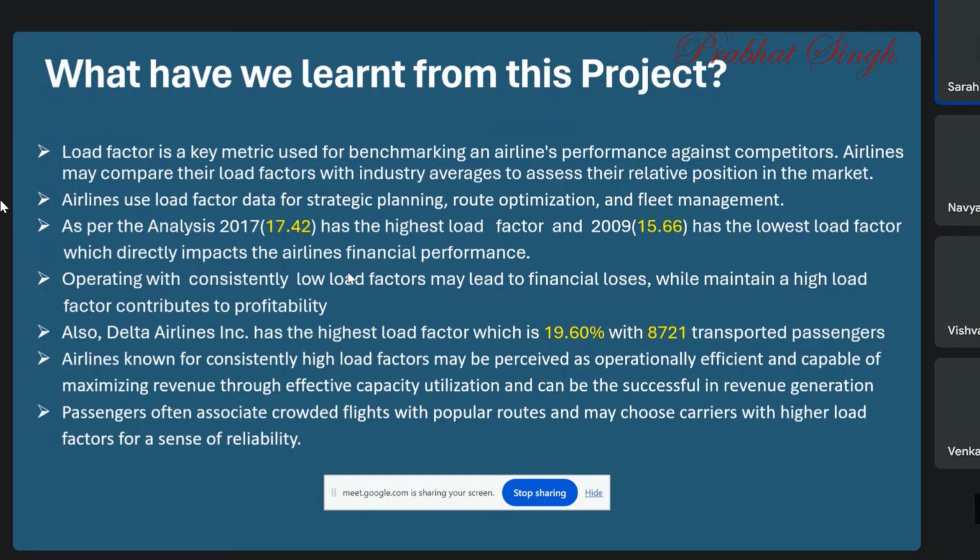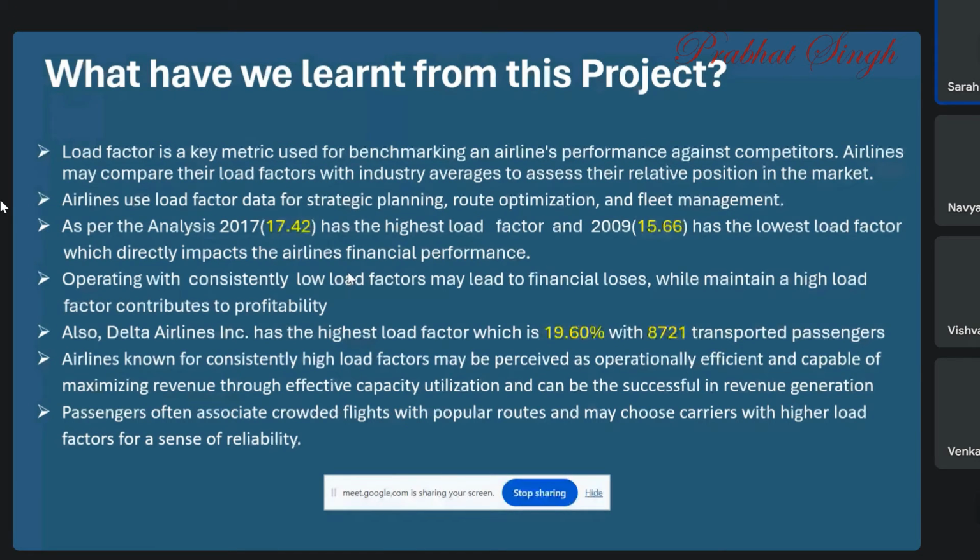Also, Delta Airlines has the highest load factor, which is 19.60%, with the highest number of transported passengers, 8,721. Airlines known for consistently high load factors may be perceived as operationally efficient and capable of maximizing revenue through effective capacity utilization.